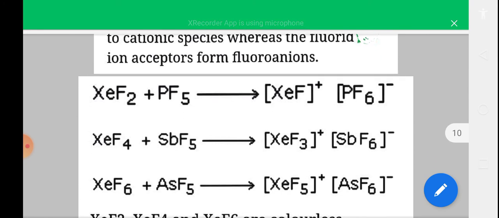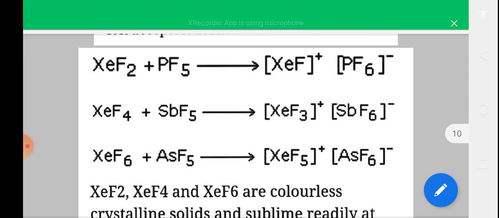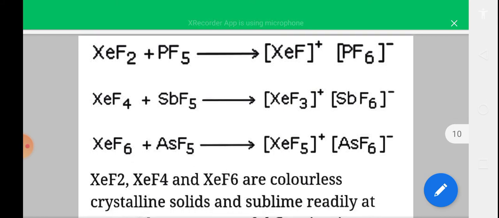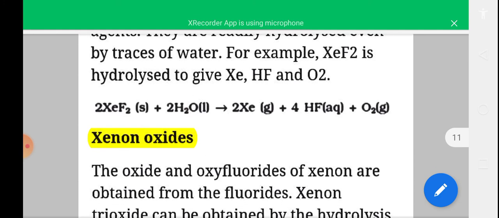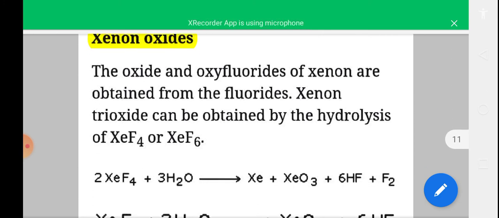Like when XeF2 combines with PF5, the product will be XeF+ and PF6-. Similarly, when XeF4 combines with SbF5, you will get XeF3+ and SbF6-.